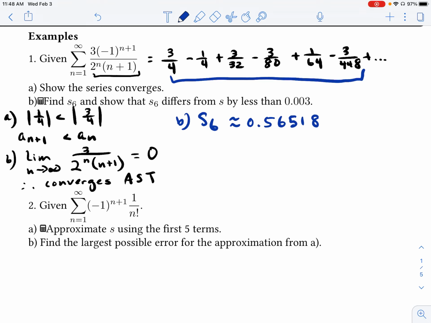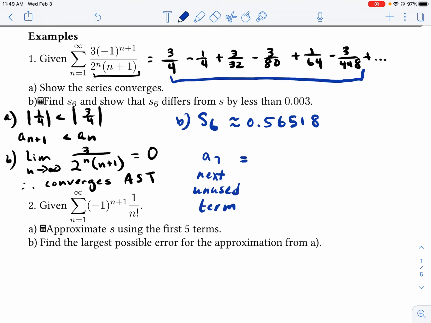We employ the alternating series error bound theorem, which says that in a convergent alternating series, our partial sum is off from the actual sum by no more than, in fact less than or equal to, our next unused term. So what is our next unused term? This would be the first term we're not adding. In other words, it's our 7th term.